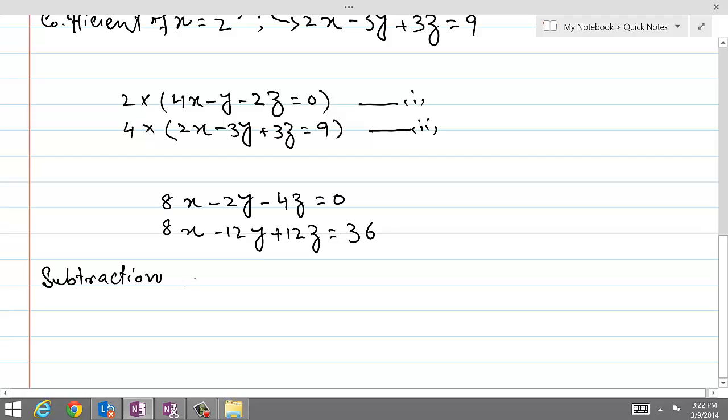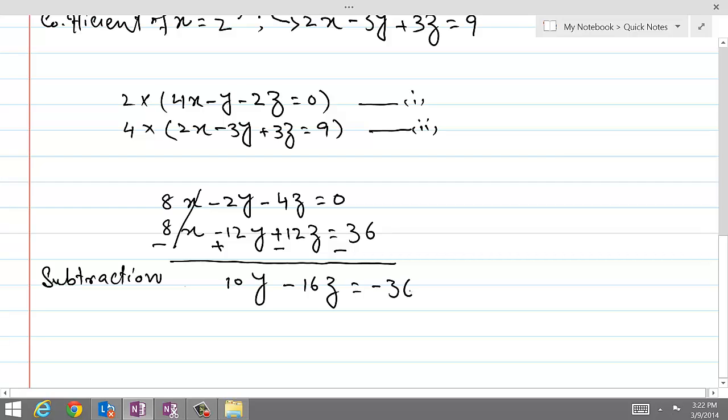During this process we change the signs of the lower equation, so plus will become minus, and this will become minus. x will get eliminated, leaving behind plus 10y minus 16z is equal to minus 36.